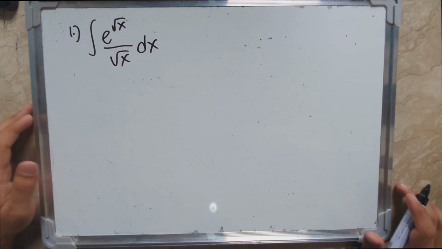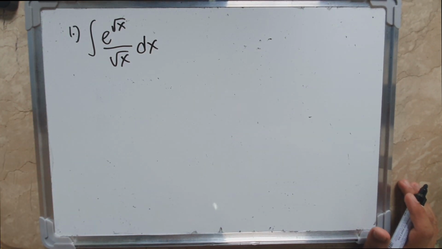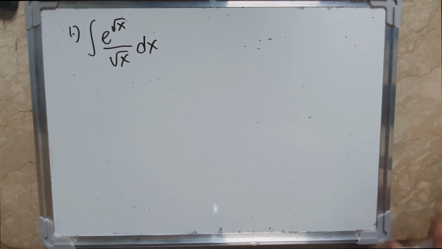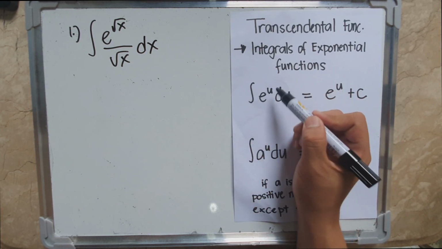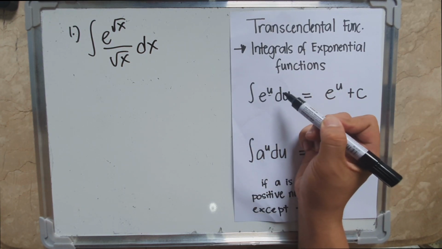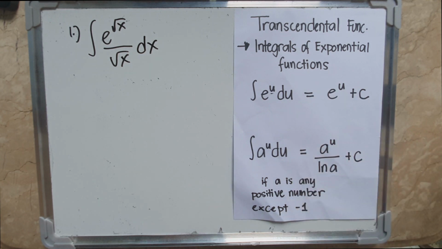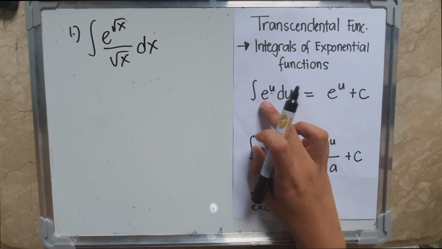Okay. The integral of e raised to the power of x over square root of x dx. We will be assigning the u. Now from our previous formula, notice that u is obvious, the exponent of e.